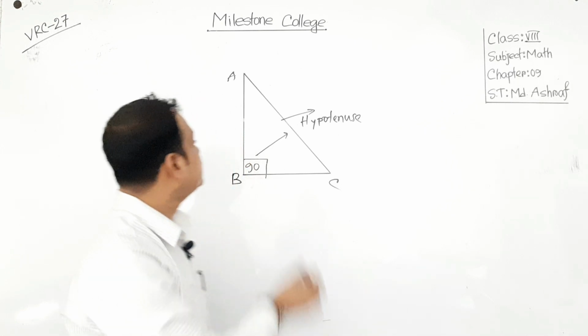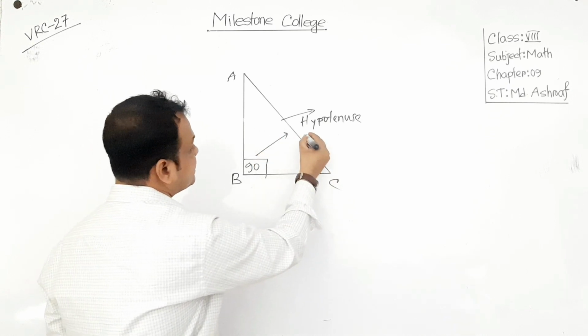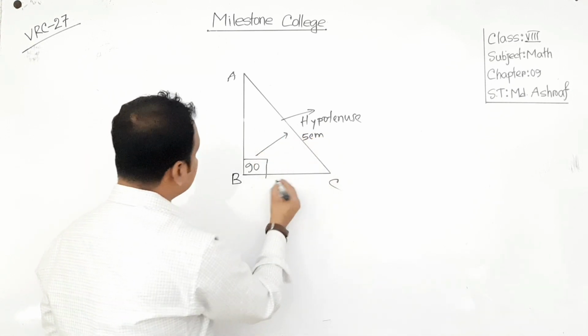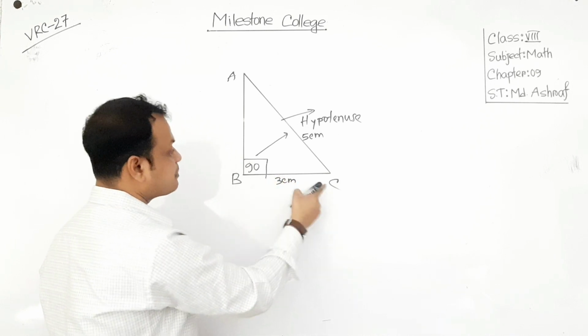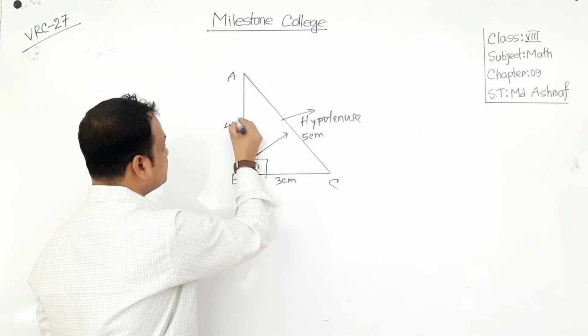That means, suppose the length of side AC is 5 centimeters. This one is base, 3 centimeters, and this one is height, 4 centimeters.